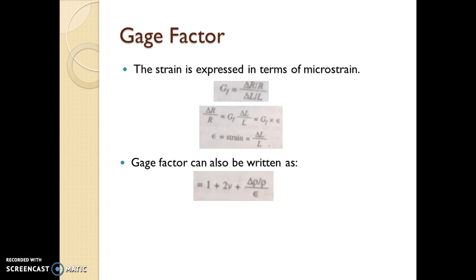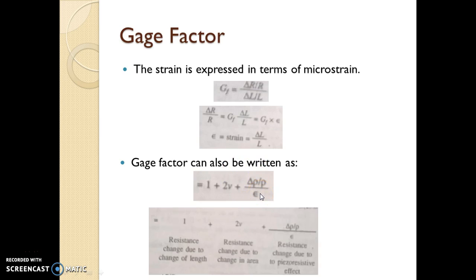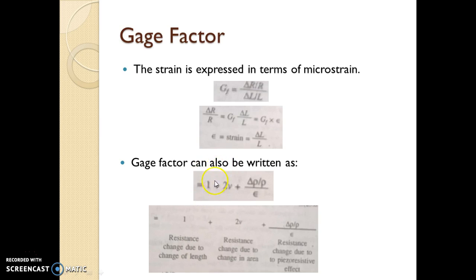The gauge factor can also be written as gauge factor equals 1 plus 2 mu plus delta rho by rho, divided by epsilon. So what is this? The first term is contributed by resistance change due to change in length. This term is resistance change due to change in area, as we know that not only length changes but the diameter also changes, and as the diameter changes the area is also going to change.